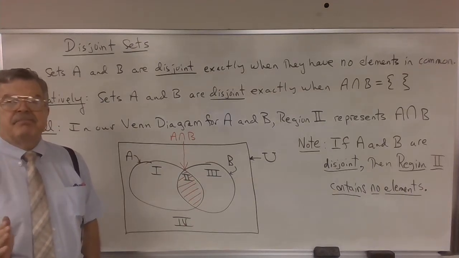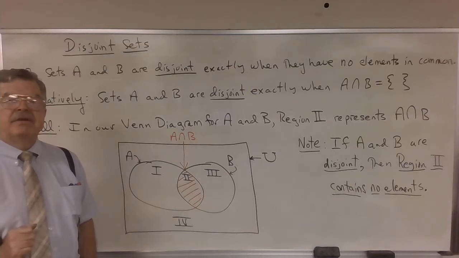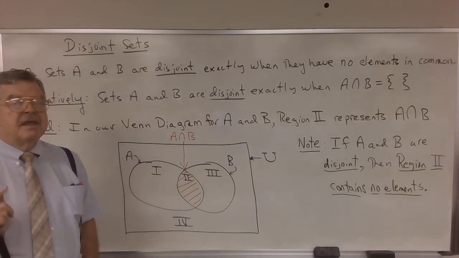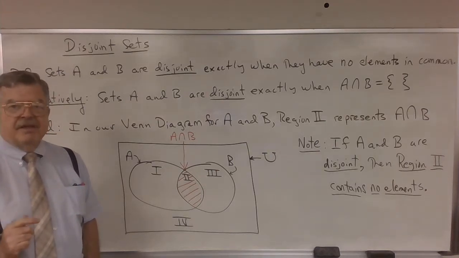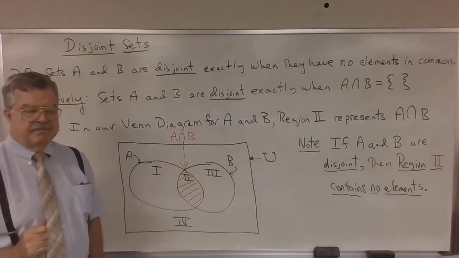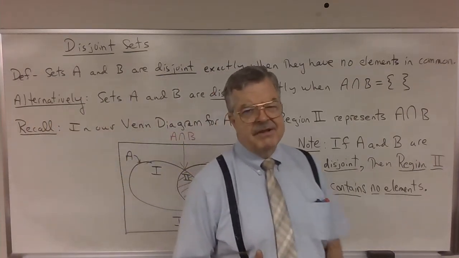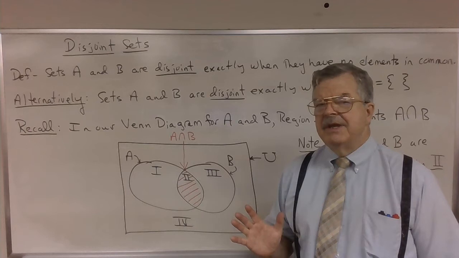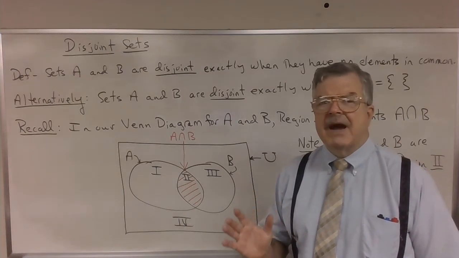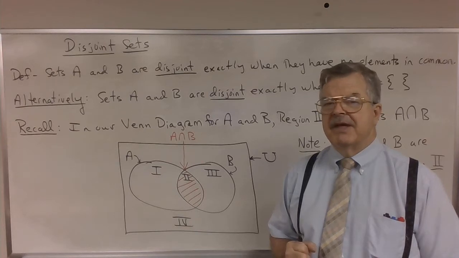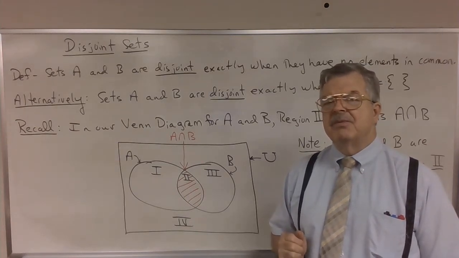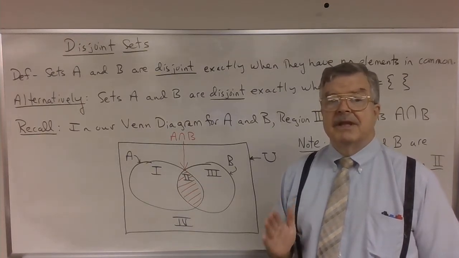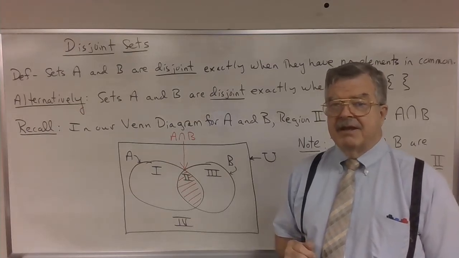there's actually a special way that we can draw a Venn diagram for sets A and B if we know in advance that sets A and B are disjoint. If we're doing, let's say, a counting exercise or something like that, there's a special way that we can draw a Venn diagram for sets A and B that will indicate that sets A and B are disjoint.